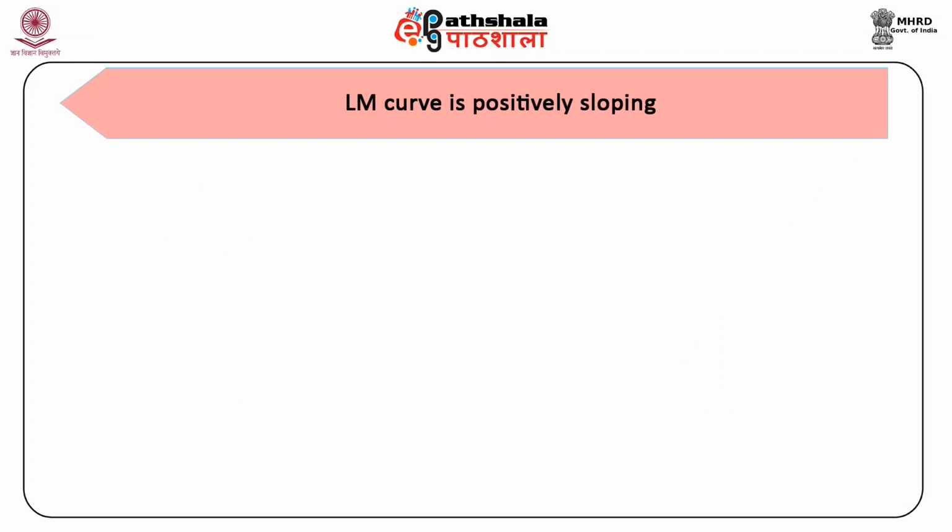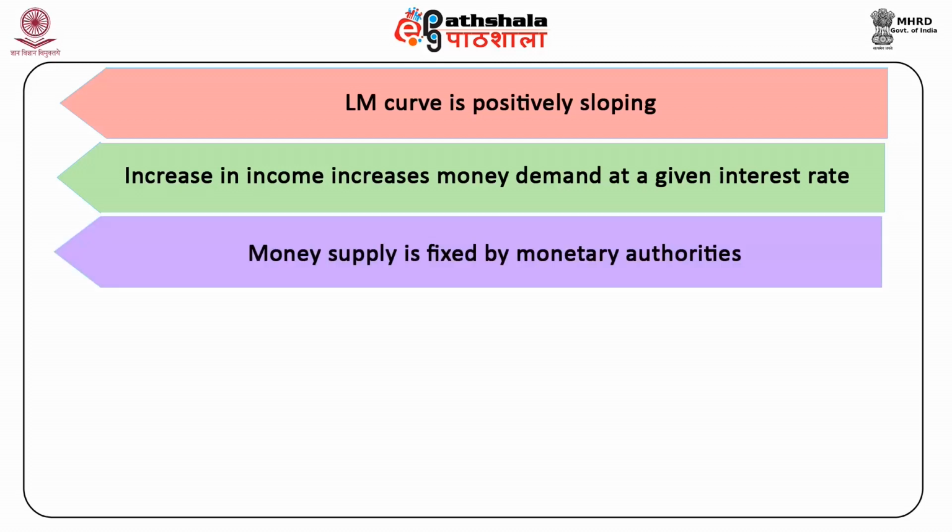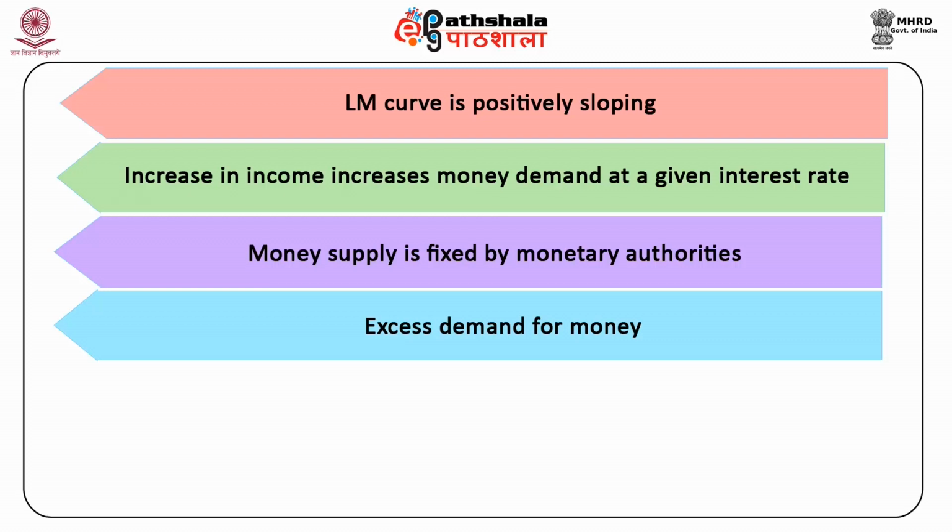is in equilibrium yields a positively sloping LM curve. The LM curve is positively sloping as an increase in income increases money demand at a given interest rate, but the money supply is fixed by monetary authorities. In such a situation, there would be excess demand for money.